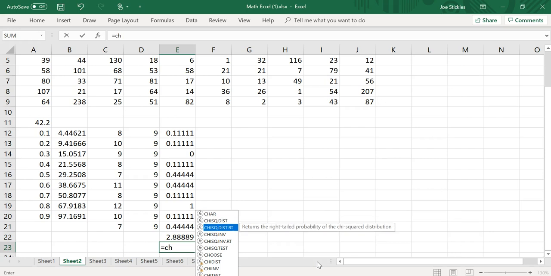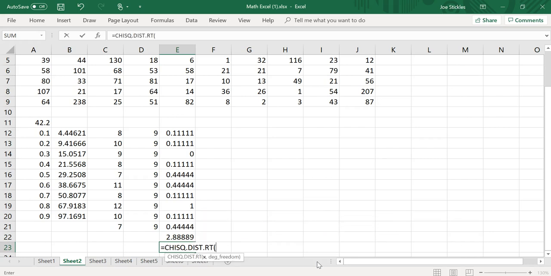So I'm going to do chi-square right tail, using the chi-square statistic that we just calculated, which is in E22, on 8 degrees of freedom.